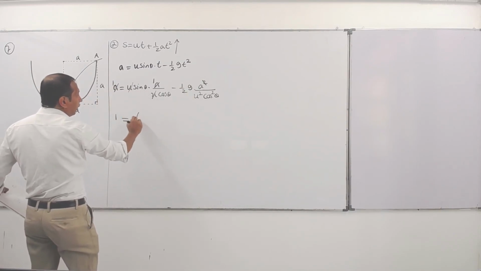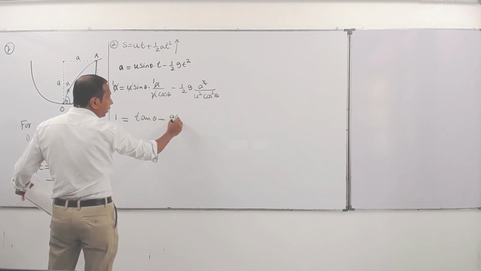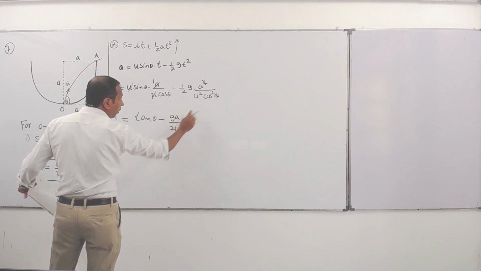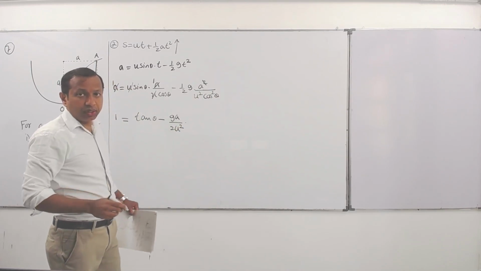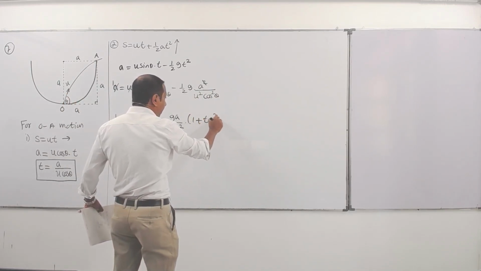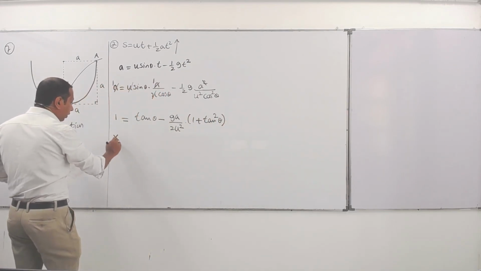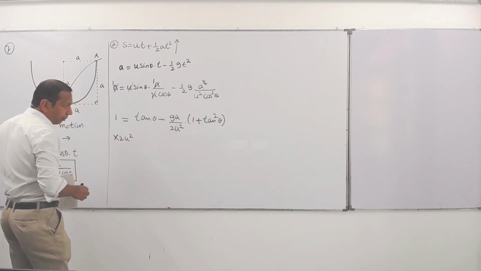Then we get tan theta here minus gA divided by 2u squared. 1 over cos squared theta is sec squared theta. Sec squared theta is 1 plus tan squared theta. Now, multiplying this by 2u squared, we'll take all the terms to the left hand side.